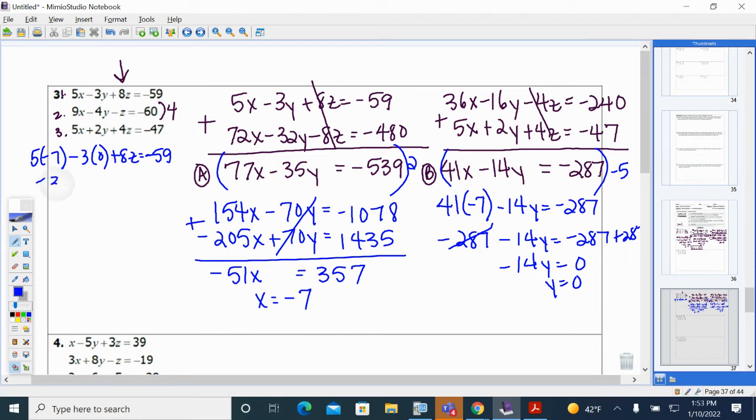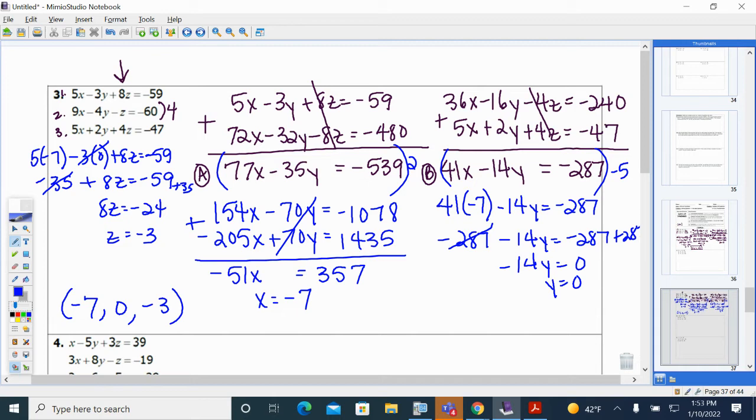So negative 35, that's going to be 0, plus 8z equals negative 59. I'm going to add the 35. Negative 59 plus 35 is negative 24. And then divide by 8 and you get negative 3. So your final answer is negative 7, 0, negative 3.